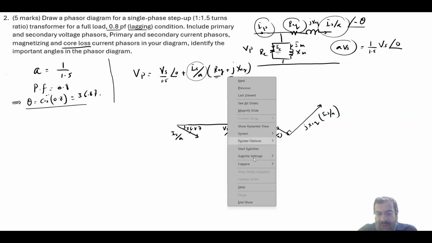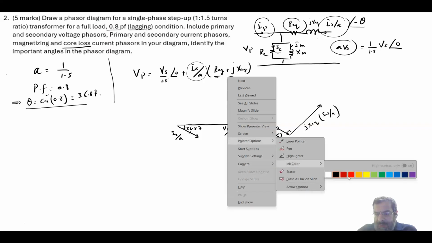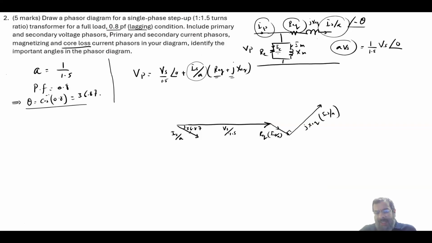Now, let me just change the color to make things a bit clearer here. Now, adding VS over A, with an angle 0, plus R equivalent IS over A plus jX equivalent IS over A, these are the three vectors. When you add them, then we will get your VP using the KVL.